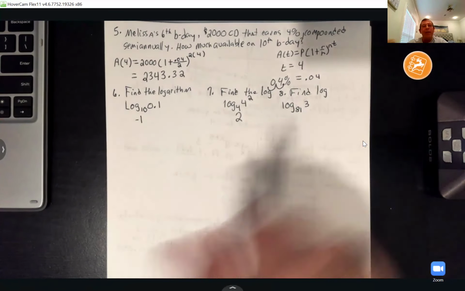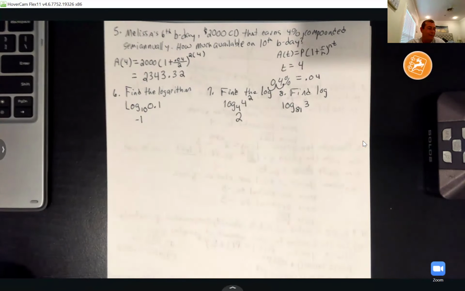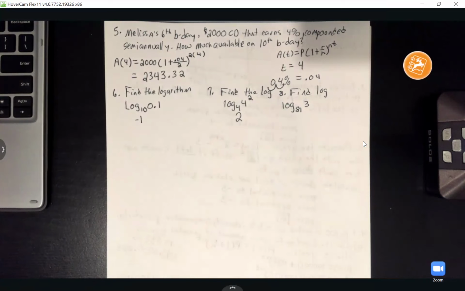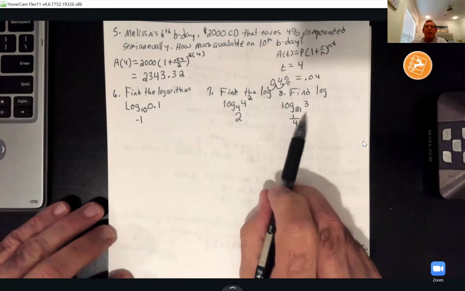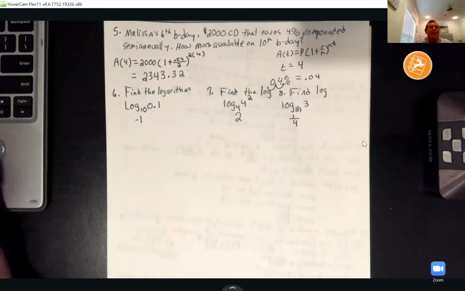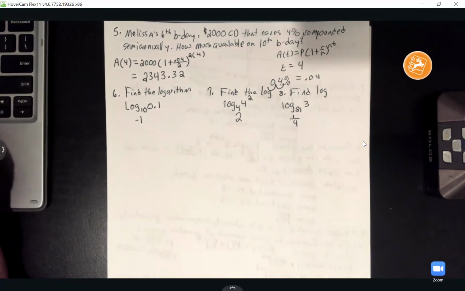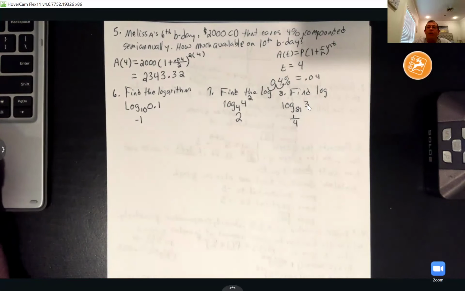So y'all, if y'all punch that one in, what are you getting? Would it be 1/4 as a fraction? 1/4. There you go. So that probably gave you 0.25 as the answer? Yes. So if the result, where the 3 is smaller than the base, it's going to be a fraction, okay?